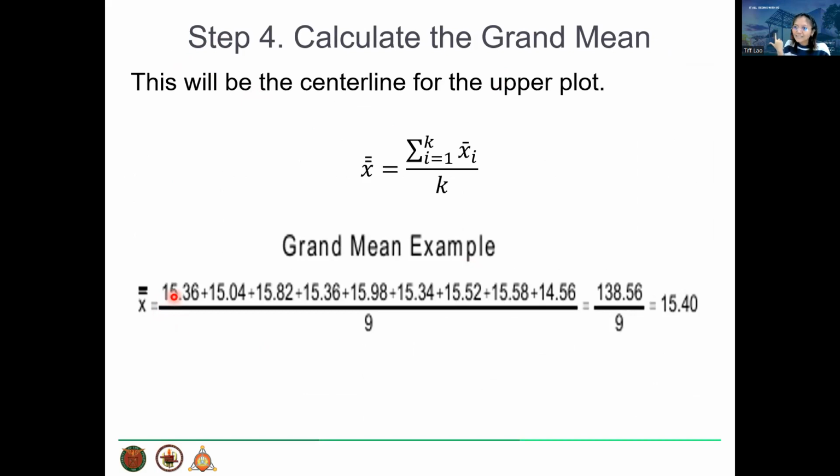Na-gets ba? I think this is the average of Feb 1, Feb 2, Feb 3, Feb 4, Feb 5, up to Feb 9. And since we have 9 days, over 9, so this is your grand mean. Is that clear?